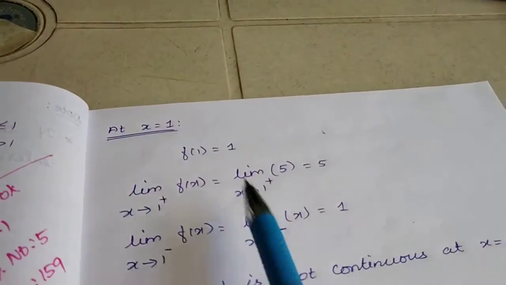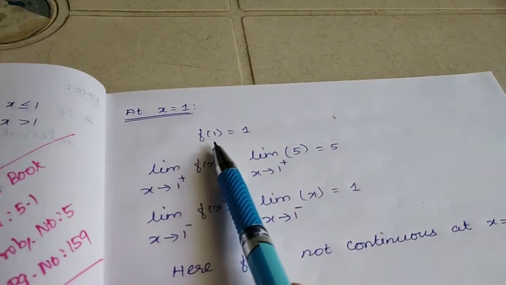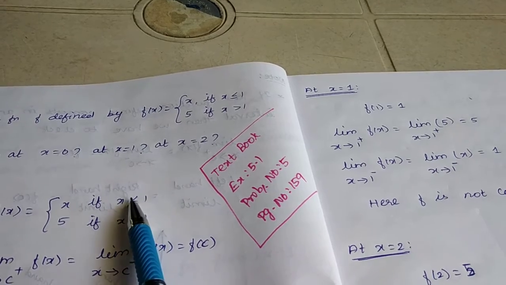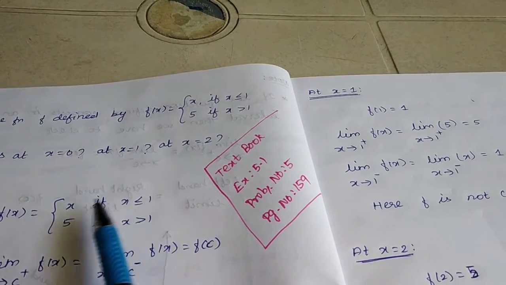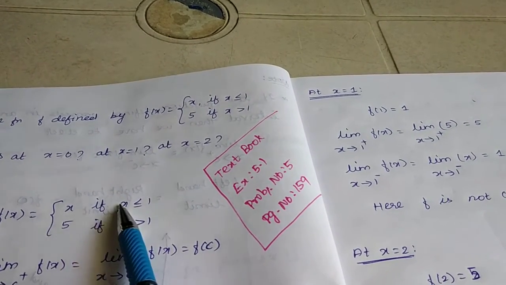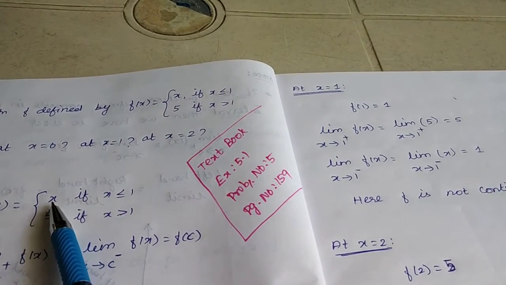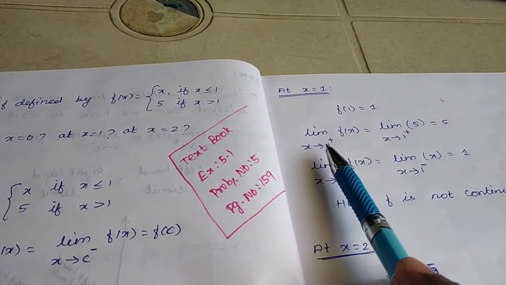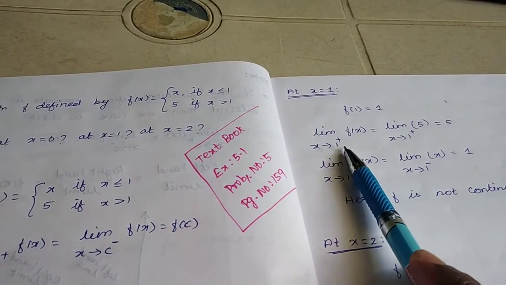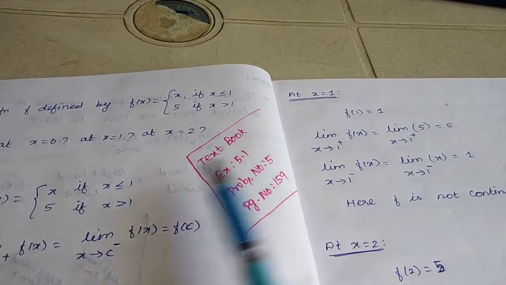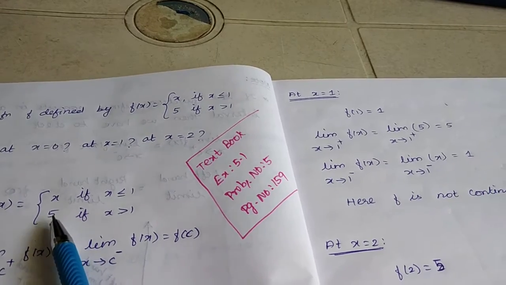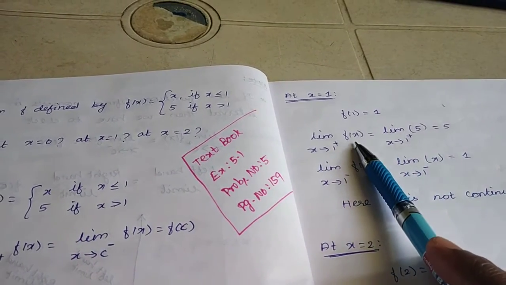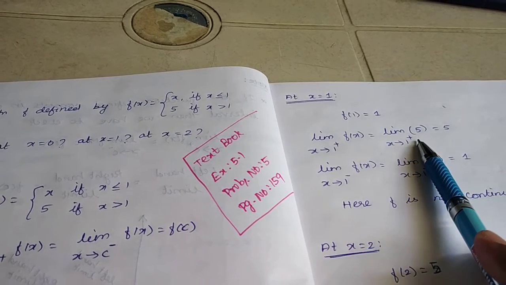Now let us check for f of 1. At x equal to 1, in particular, it comes under the first category, so x. So f of 1 is 1. Then the limit as x tends to 1 plus: 1 plus means it is greater than 1, so it comes under the second category. So in place of f of x we replace it with 5.